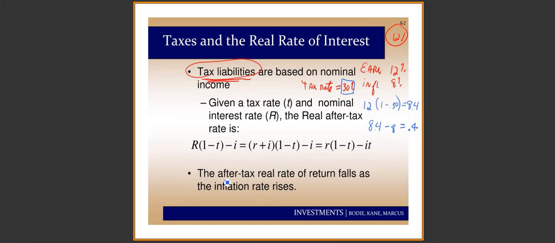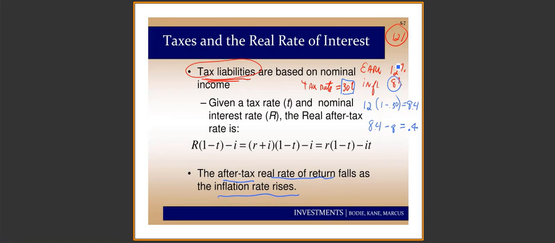So the real, or the after-tax real rate of return falls as inflation rises. Thank goodness inflation was only 8%. If inflation had been 9%, we would have been worse, wouldn't we? We actually would have lost purchasing power. We would have been better off not to make an investment at all.